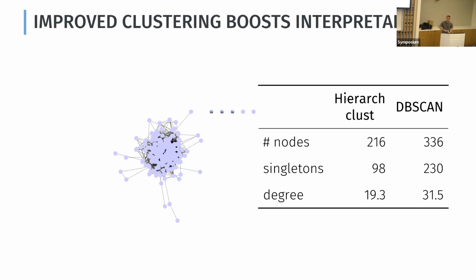If we use our optimized hierarchical clustering with complete linkage, we significantly reduce the redundancy in this molecular network. We go down to only 216 nodes, a much smaller number of singletons, and 50% fewer edges for each of the nodes, because we have now removed these redundant edges. So it becomes much more interpretable.